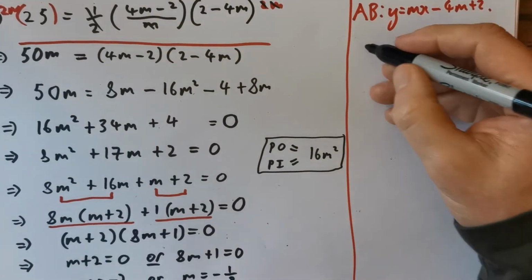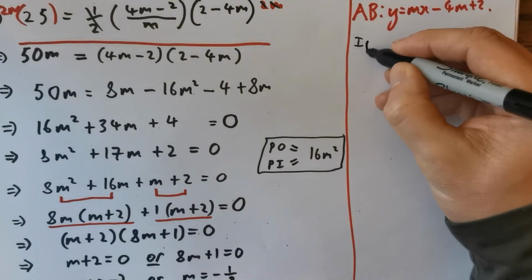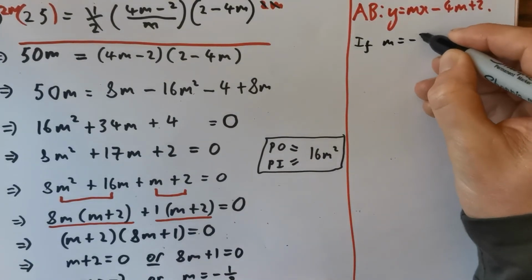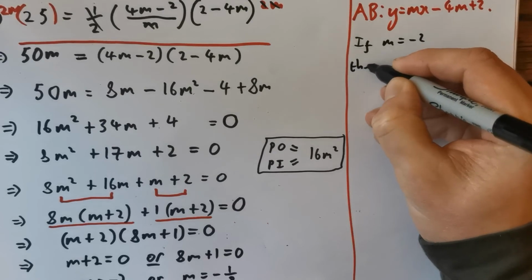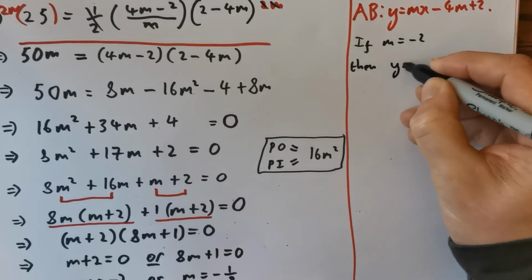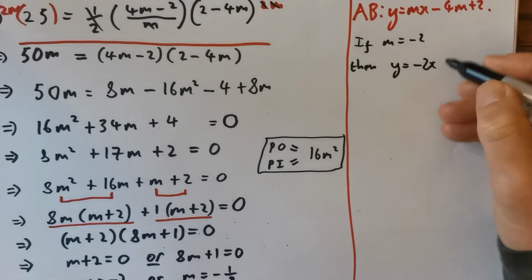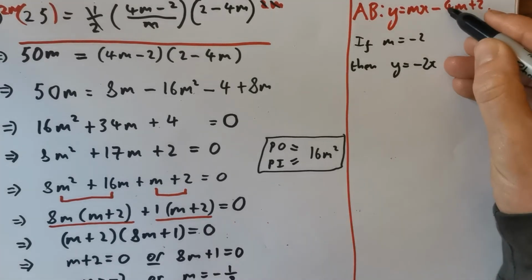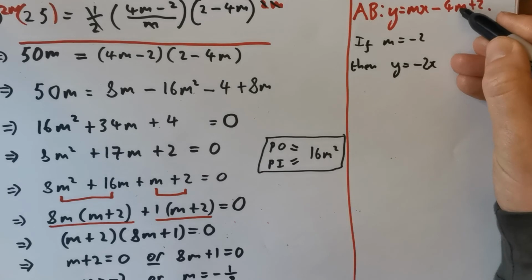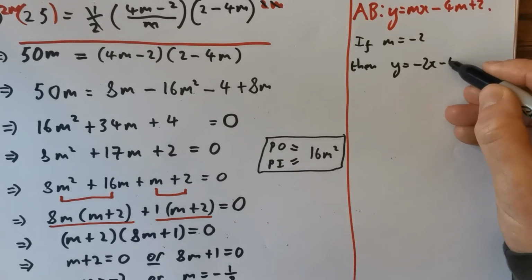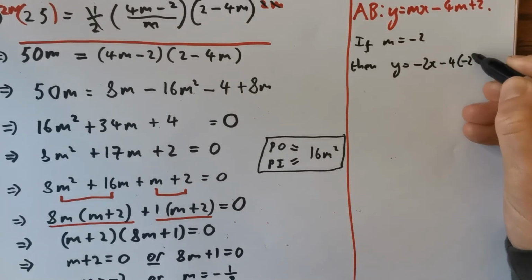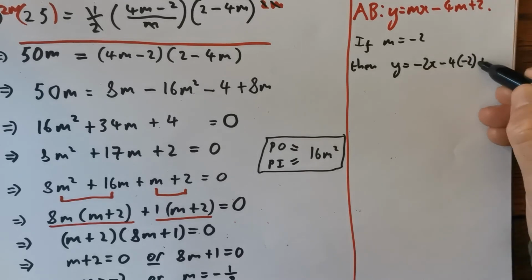So if m equals negative 2, then y will be equal to mx, that's negative 2 times x, minus 4 times m. That's negative 4 times negative 2. Let me write it out specifically, negative 4 times negative 2, and then plus this 2 at the end.